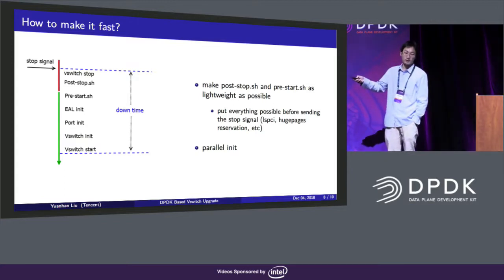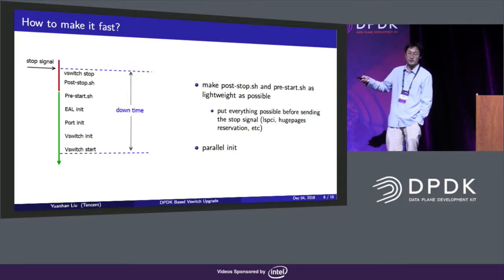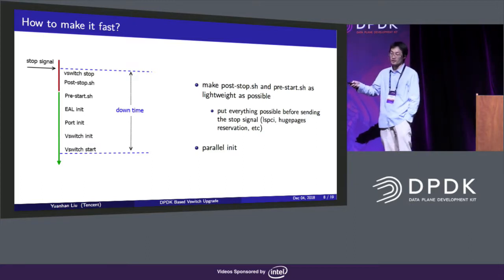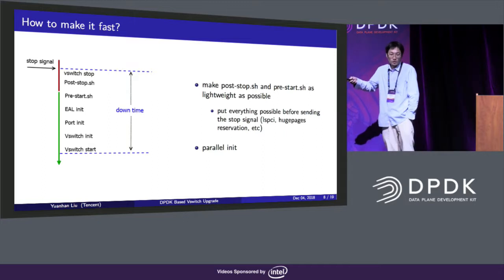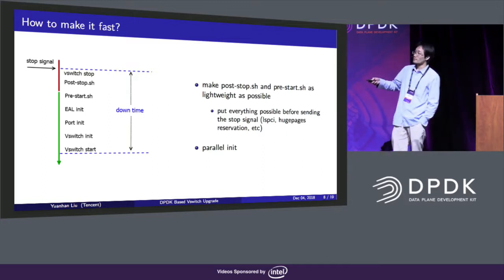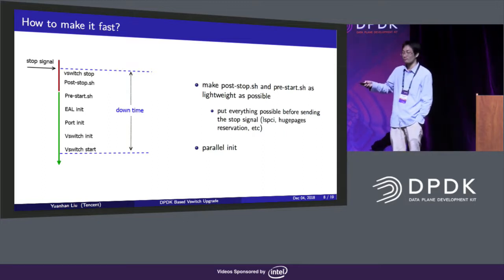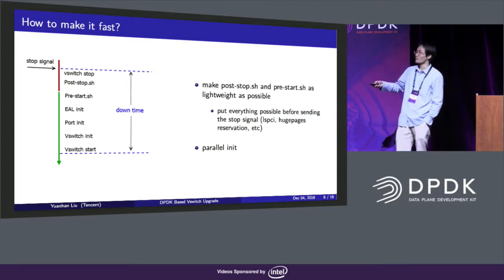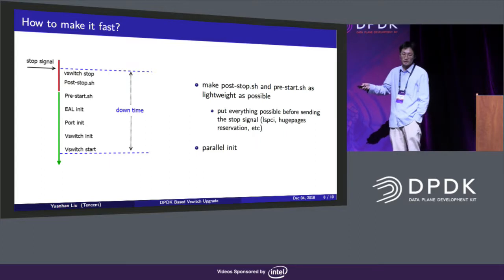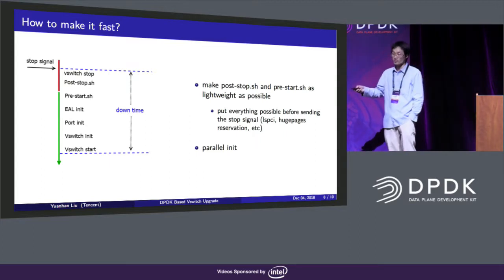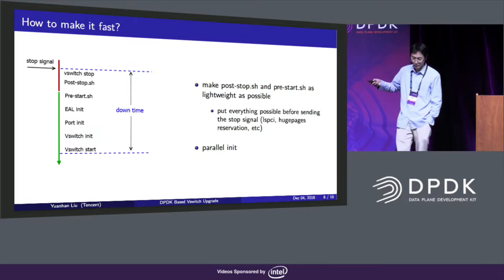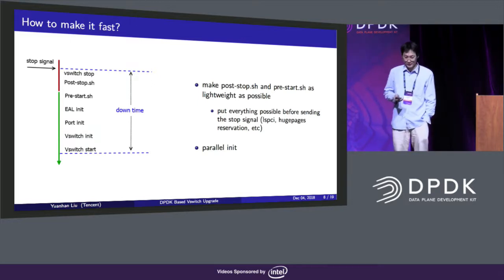Firstly, there is a signal for stopping, and then the vswitch will stop, and then maybe there are some post scripts to do cleaning up jobs, and for the start there might be a pre-start script, and then you see the familiar procedures like EAL initialization and port initialization, and also vswitch initialization, and then the vswitch could start working. And so how to make it fast?